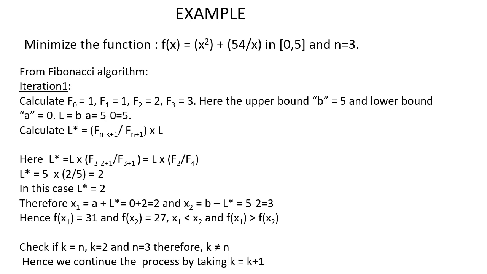So we have got the new upper bound as 3 and the lower bound as 2, and then we calculate f of x1 and f of x2. If x1 is less than x2 and f of x1 is greater than f of x2, then by using the region elimination algorithm as I've told, we can calculate the new interval.